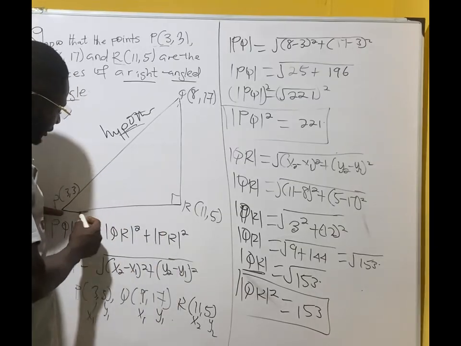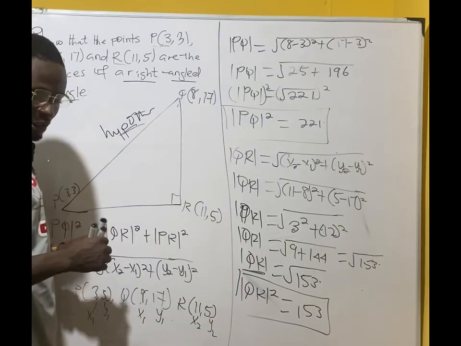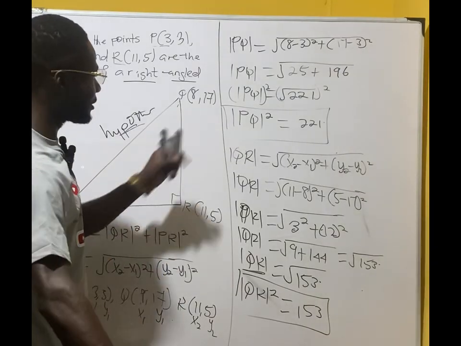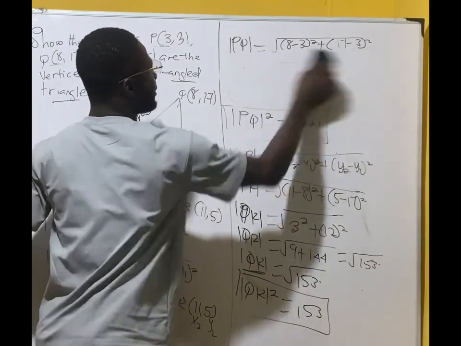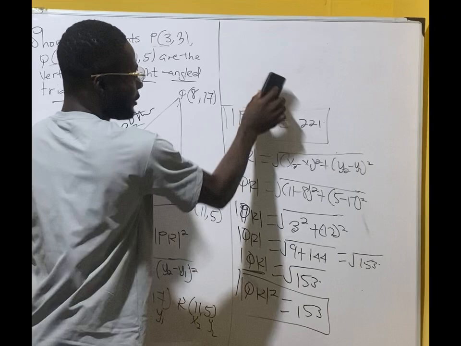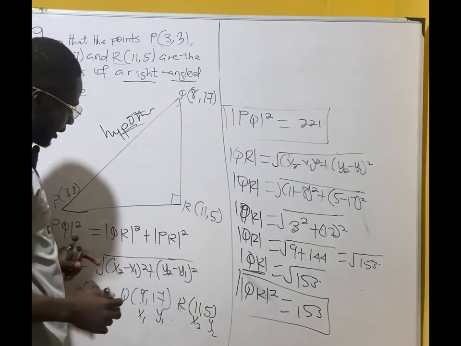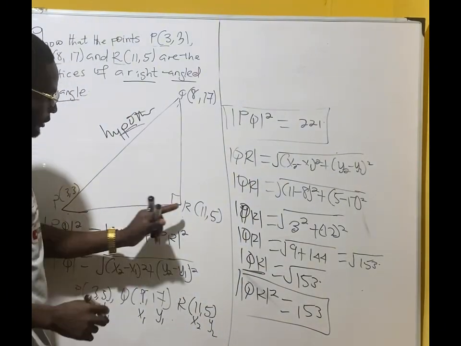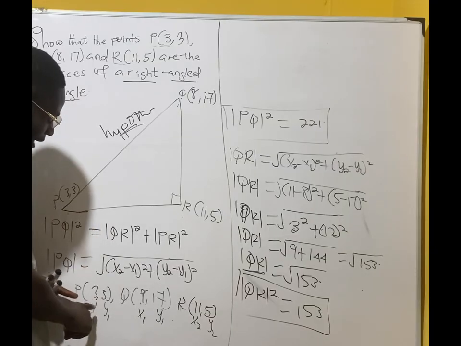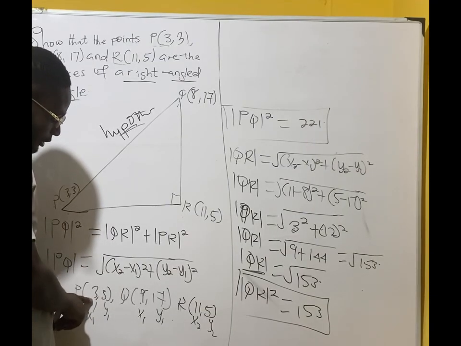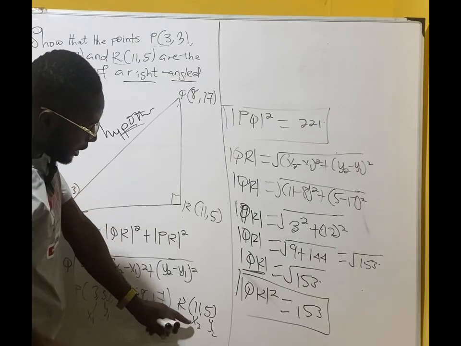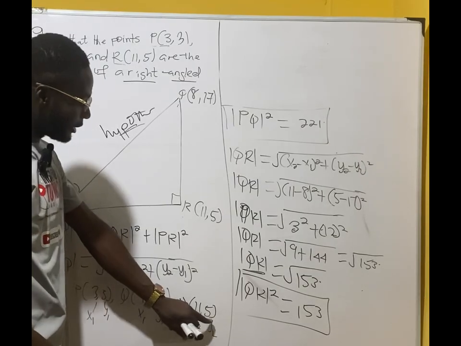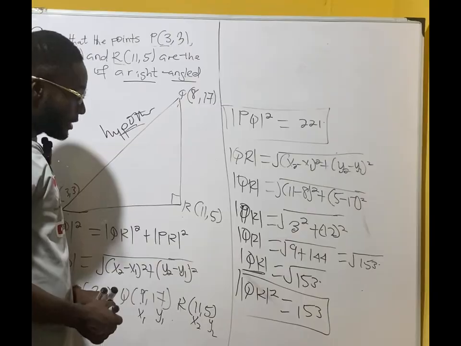Our last part is PR. For PR, x1 is 3, y1 is 3, x2 is 11, and y2 is 5.